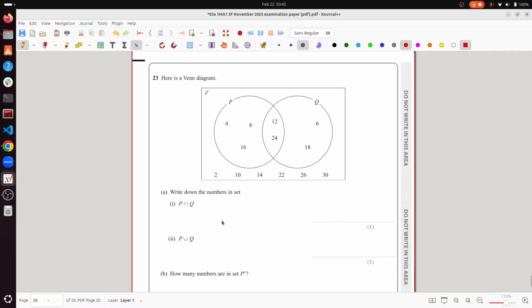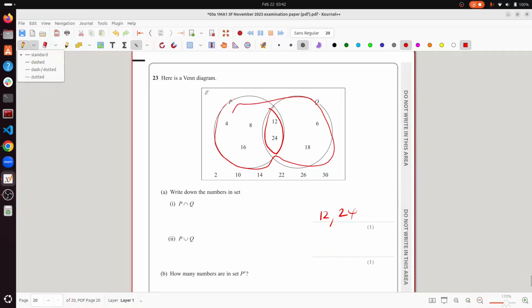Here is a Venn diagram. Write down the numbers in the set P intersect Q. P intersect Q are the numbers that are common to both P and Q, and that is 12 and 24. P union Q is all the numbers that are inside P and Q joined together.